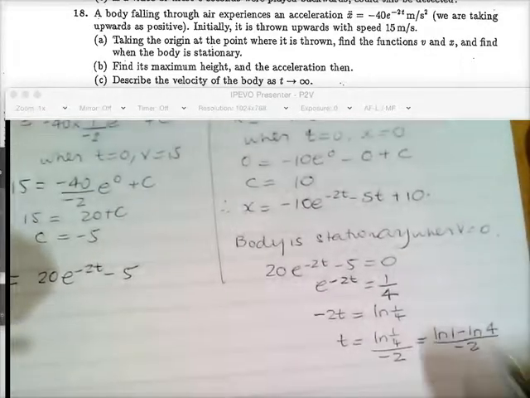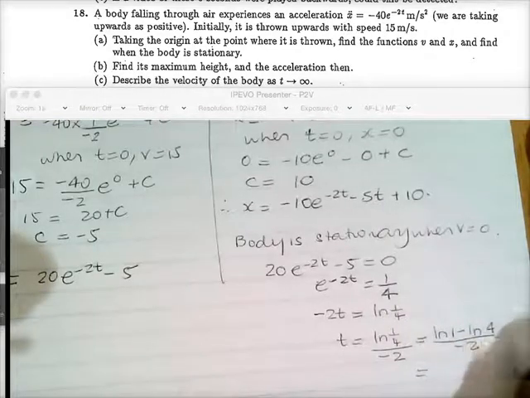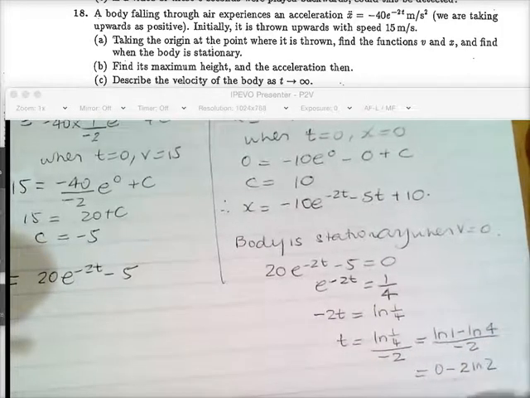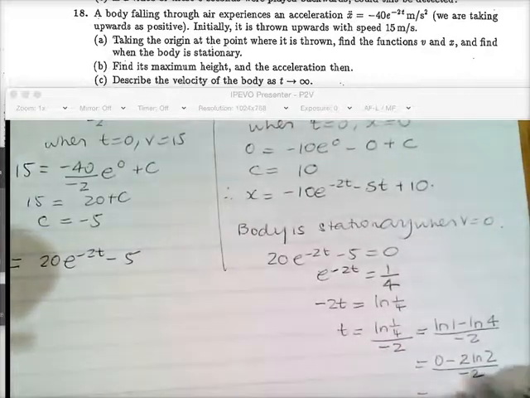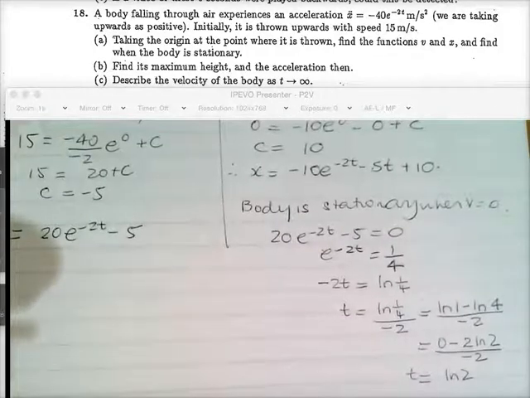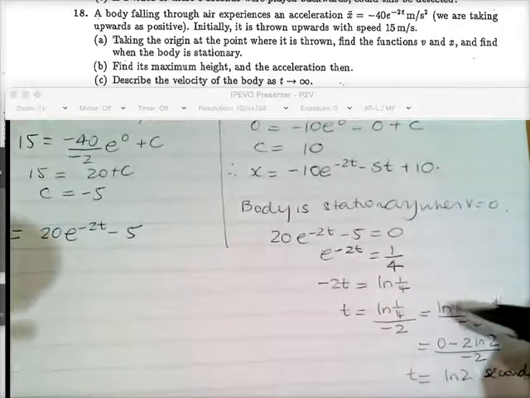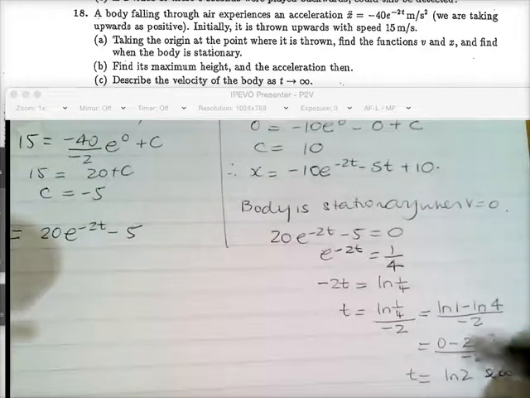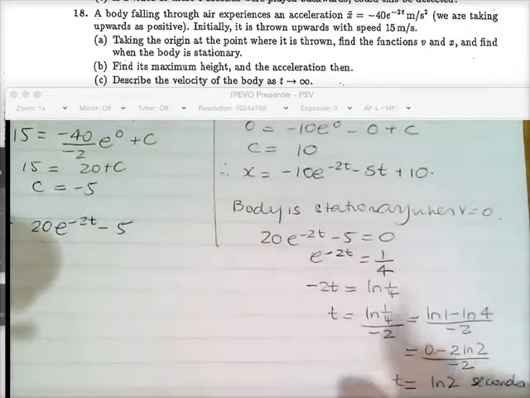Now ln 1 is 0, and ln 4 is ln 2 squared, so it will be 0 minus 2 ln 2 over -2, and the -2's cancel, and we get that the time is ln 2 seconds. So you really have to find the exact form and then simplify it as well.